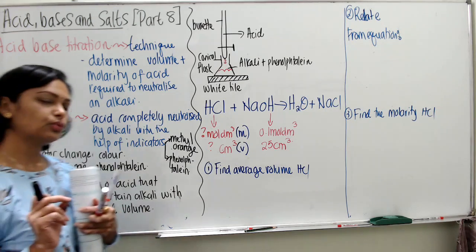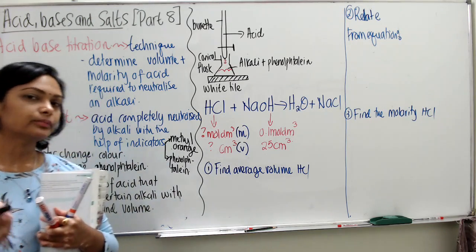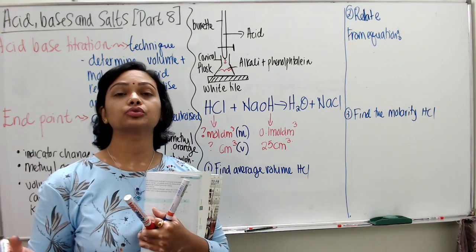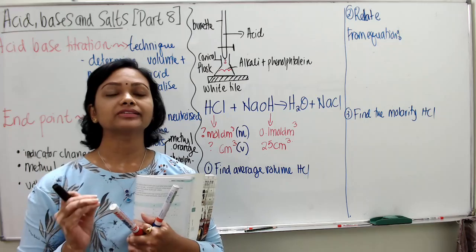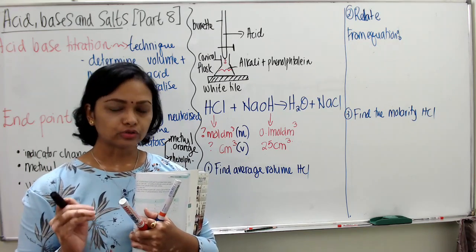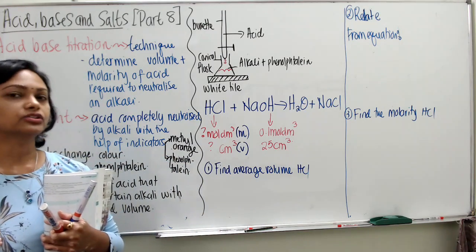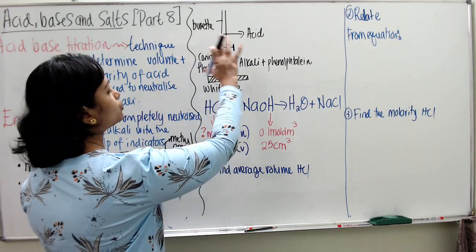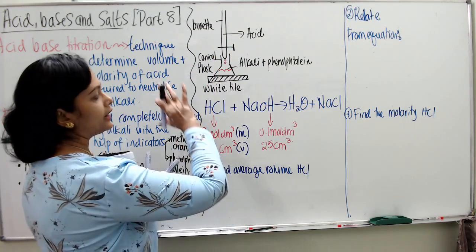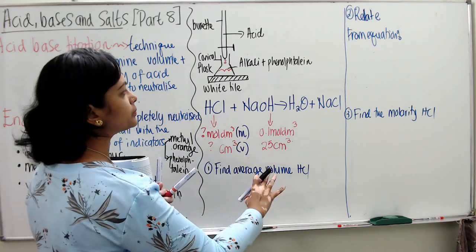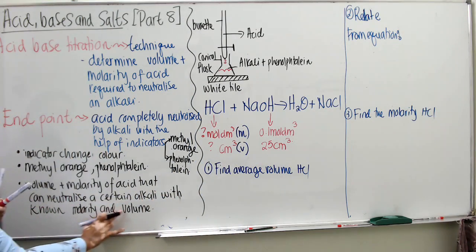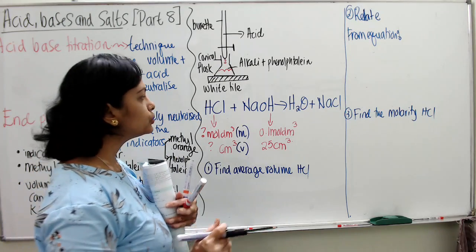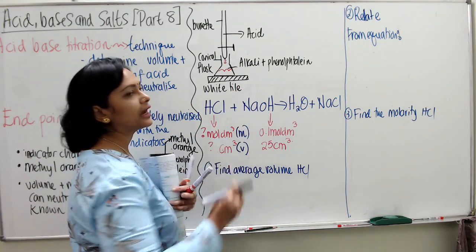When you know the molarity and the volume of a certain acid or alkali or any solution, that is what we call a standard solution. Now let's concentrate on how we determine an endpoint and also determine the molarity and the volume of a certain acid needed in order to neutralize a certain alkali.